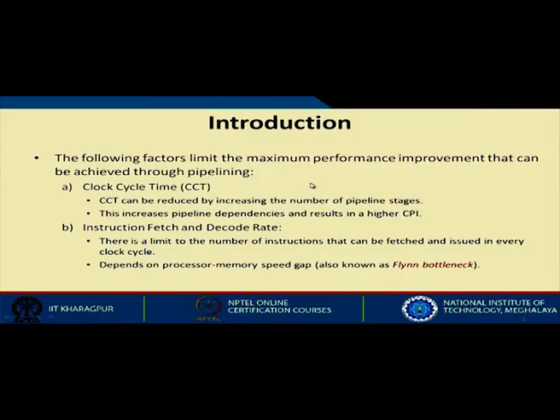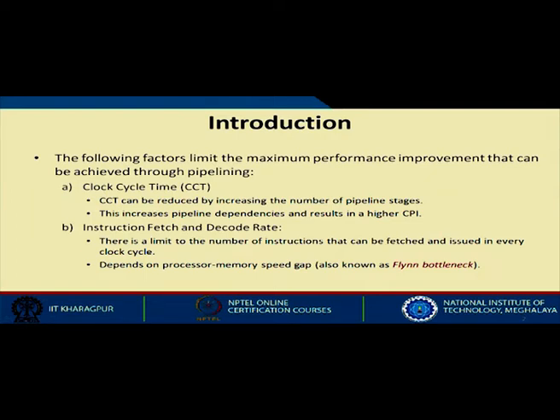Let us try to see first how we can look at the constraints in a pipeline and what are the factors that limit its performance. Broadly, there are two factors. The first factor relates to the clock cycle time.